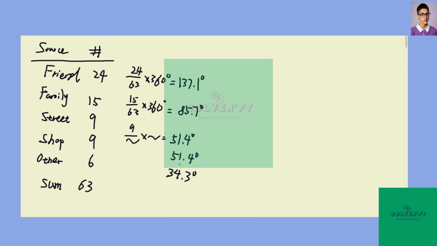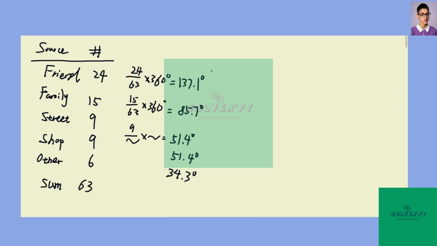All of these numbers are approximations, so if you add them up, they may not add up to 360, but they should be quite similar. And the next thing we need to do is to compute the percentage that each of them is in the pie chart. It is also fairly easy. We just need to replace the 360 part with 100%.